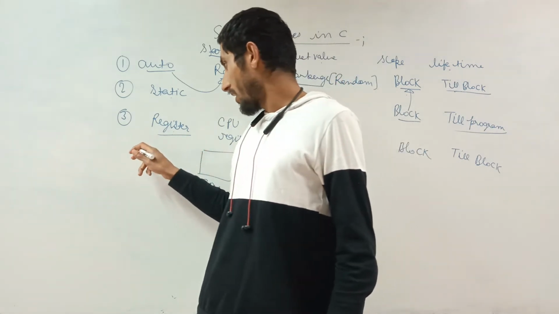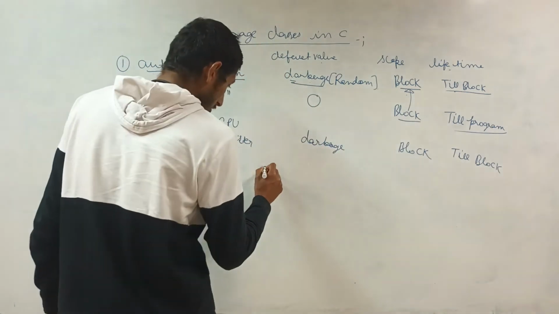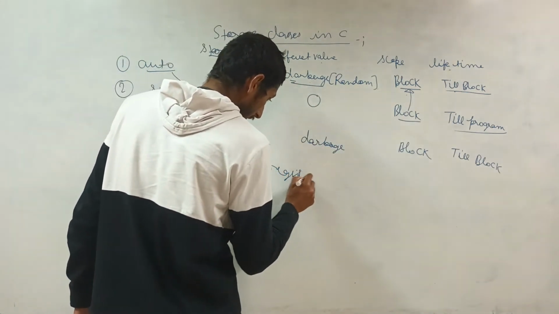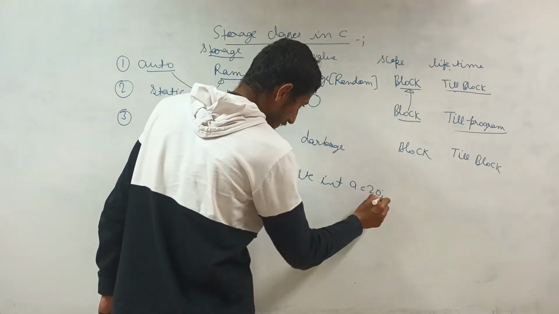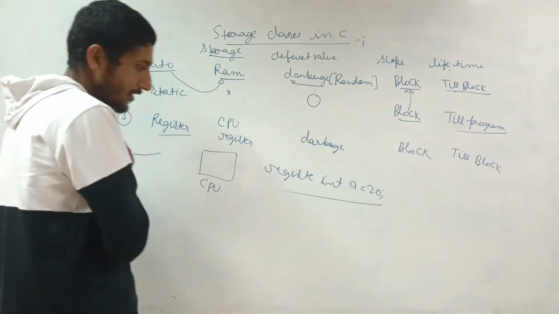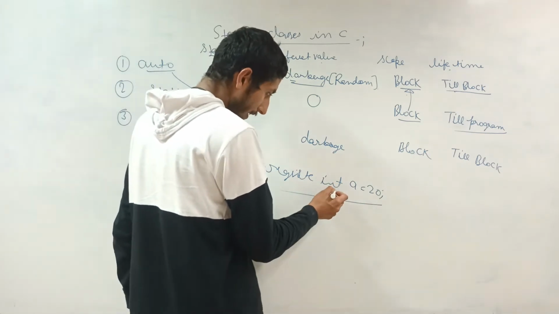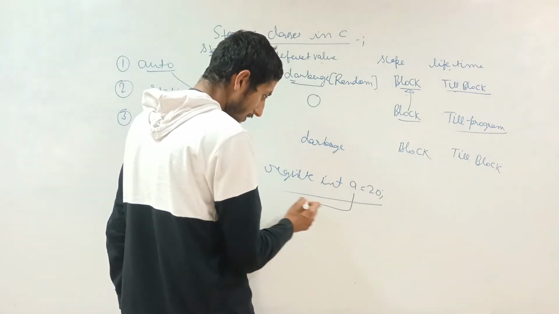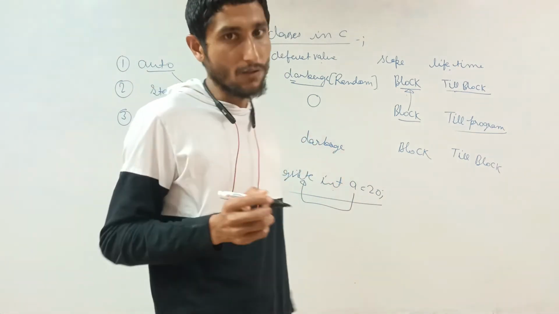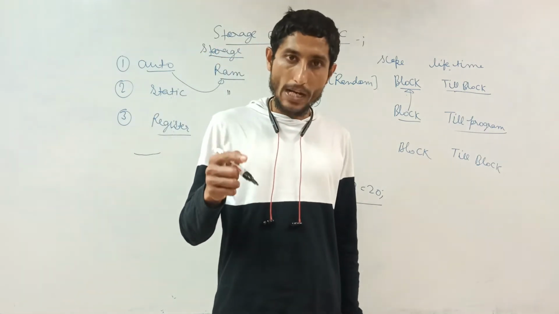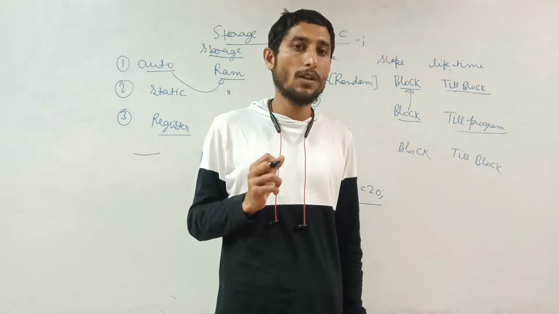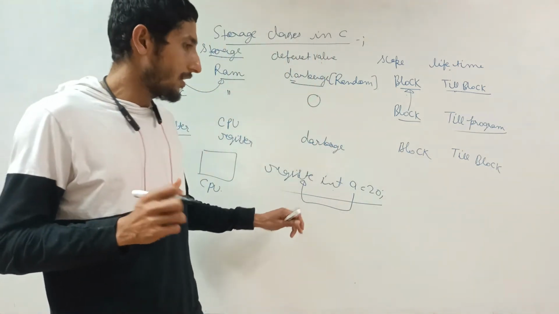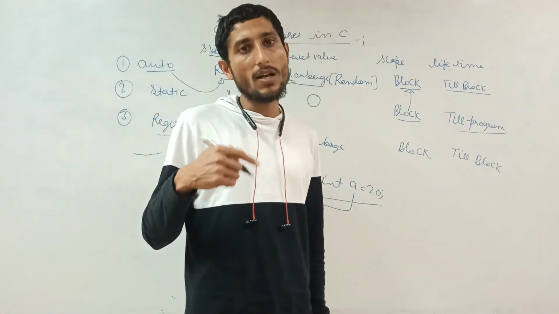If you declare a variable like this, register int a equals 20, you are requesting the compiler to please give you 4 bytes of memory inside the register. If it is available, then the compiler will provide you the memory. But what happens if it is not available? If it is not available, it is automatically converted into auto.